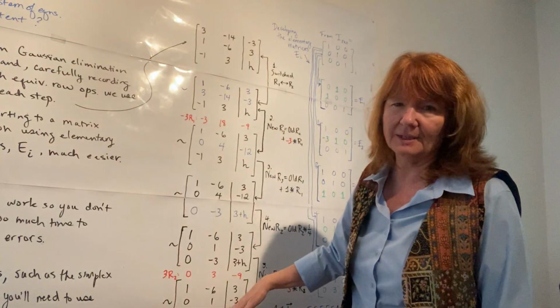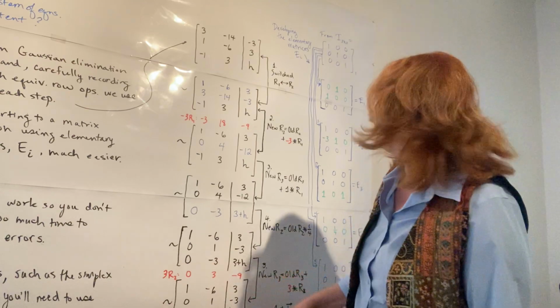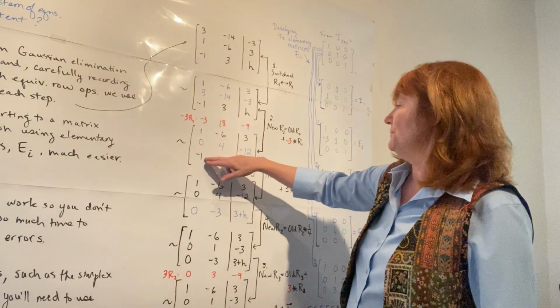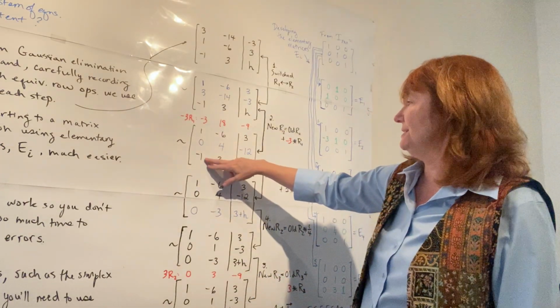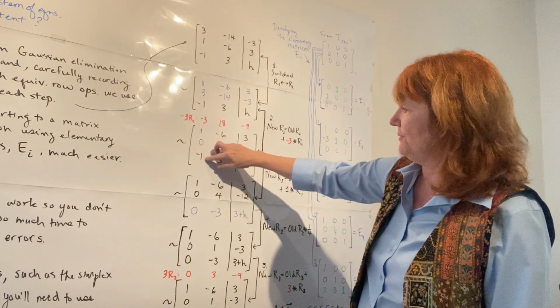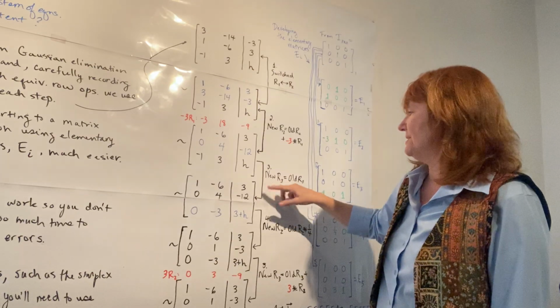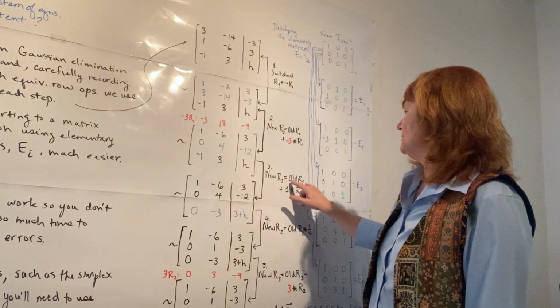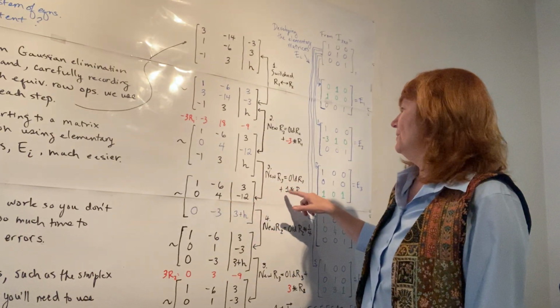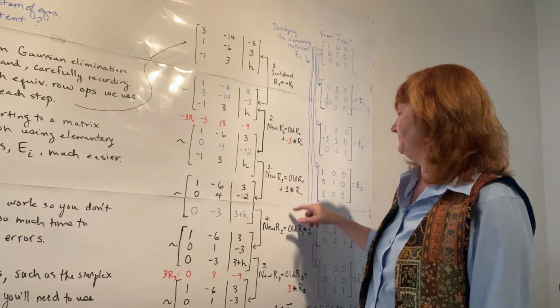Let's get this into at least row echelon form. All right, so we need to get rid of that 1. What's going to do it? Well, if we could add this 1 to that one, that would make a 0. So the row operation is that the new row 3 should be equal to the old row 3 plus 1 times row 1.